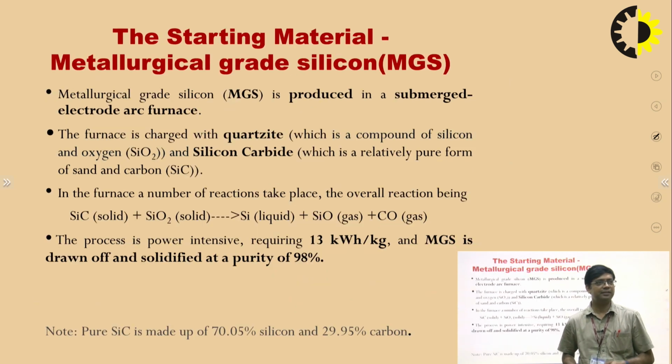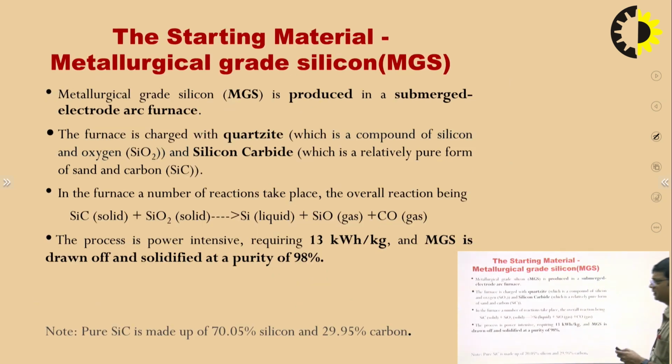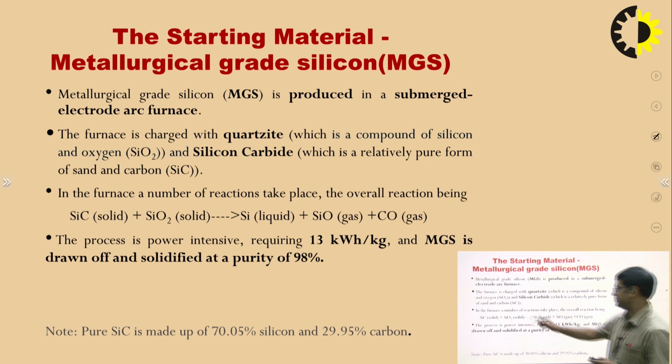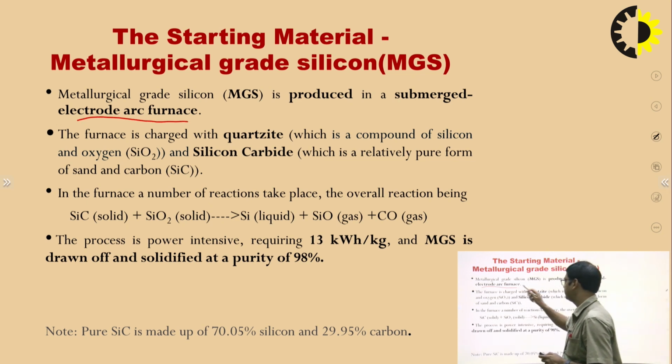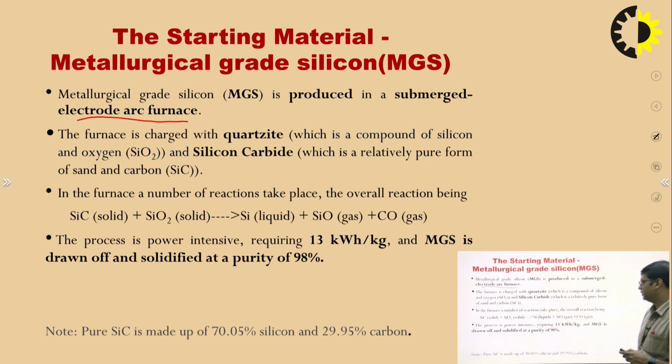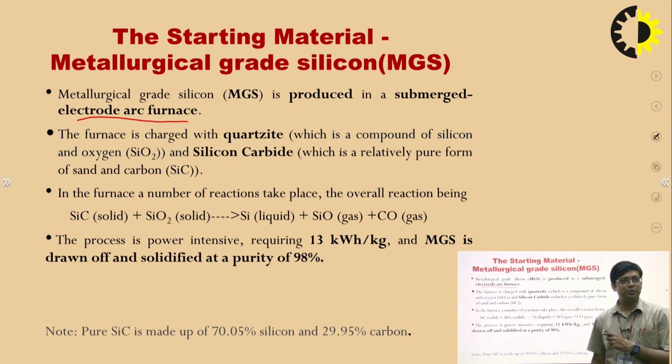So, let us start. The first one is metallurgical grade silicon. This metallurgical grade silicon is produced in a submerged electrode arc furnace, at a very high temperature.